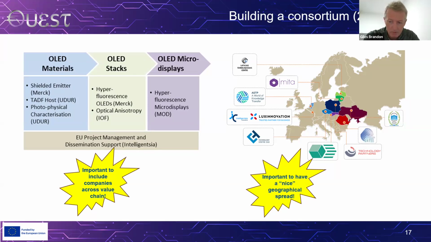Now, in that consortium, we had a mixture of two companies. We had a very large one, Merck, and then we had this small French SME, MOD, specialized in micro displays. What we wanted to convey simply to the evaluators, but also to reassure ourselves, was to say, look, in the development of these micro displays, we're going to have to go through these stages of developing materials, developing a stack, developing the displays themselves.